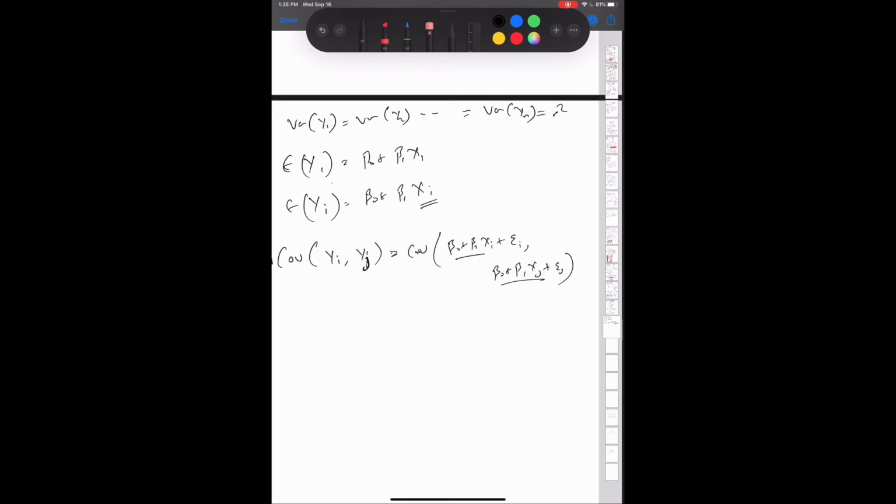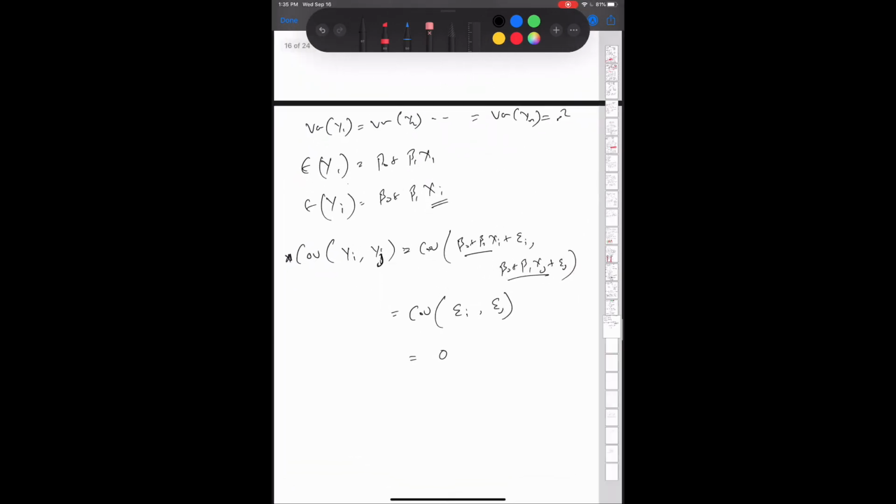If you did the homework, you realize that's the same as the covariance between epsilon i and epsilon j. And we know epsilon i and epsilon j are independent, so the covariance is 0. So y1 through yn are independent, or at least that's what it seems like. It's not always so. What is the distribution of y?